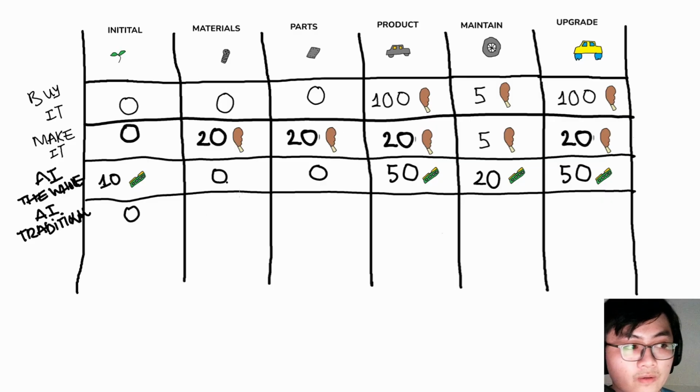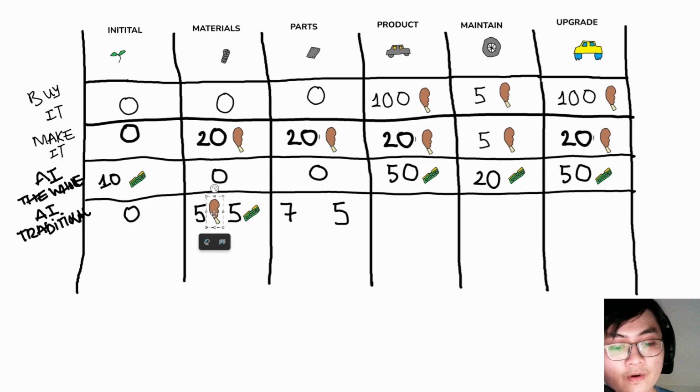For the materials, I think it should decrease the material cost to about 5 chicken legs and also 5 sticks of RAM. And for the parts, it should increase a little bit. So I think it should be 7 and 5 maybe.